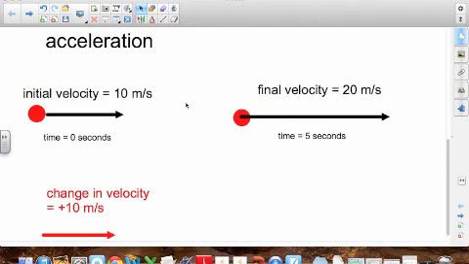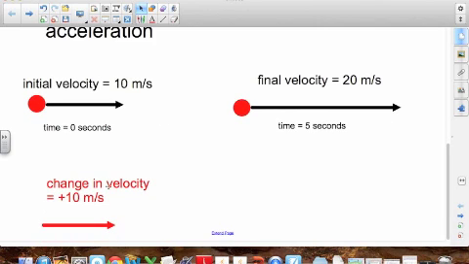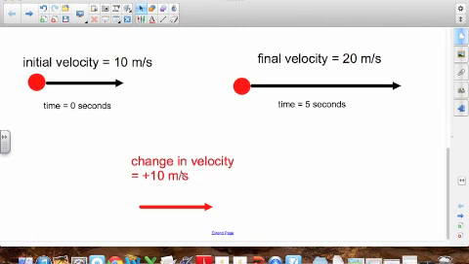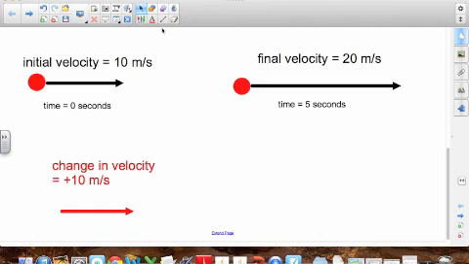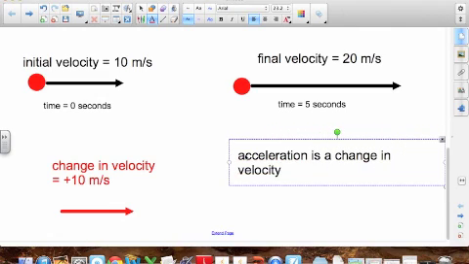So we have two different snapshots of this red ball at two different points in time. Okay? And the change between the two situations, the two snapshots, is this increase in velocity. Now, I hope that you remember that acceleration is a change in velocity. But it's more than just a change in velocity.